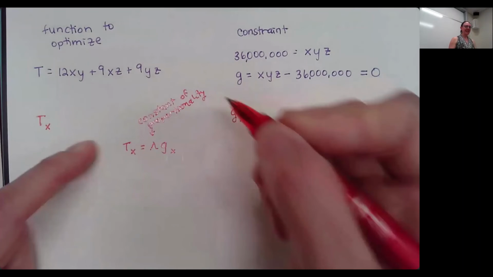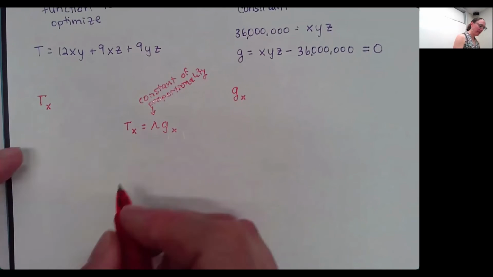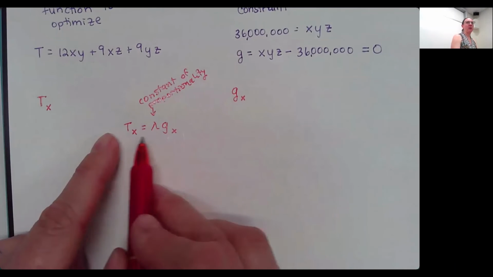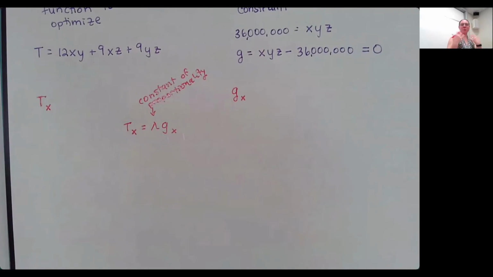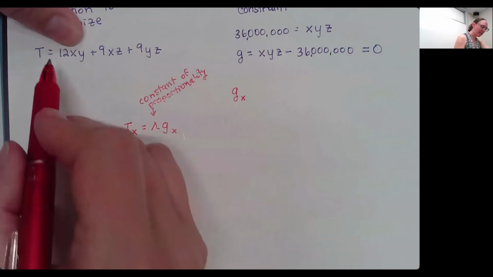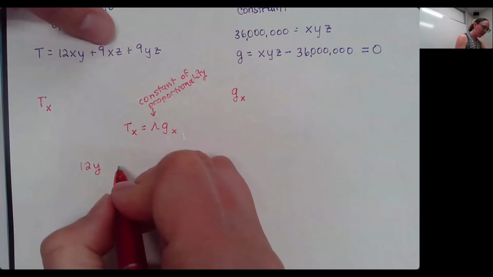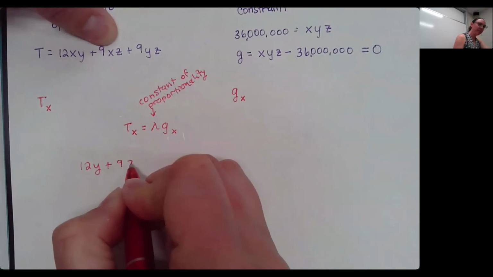And the nice thing is the partial derivatives aren't so bad. So let's go ahead and take our partial derivatives here and match everything up, like match up our x's, match up our y's, match up our z's. So when I take the partial of t with respect to x, I'm going to get 12y plus 9z.